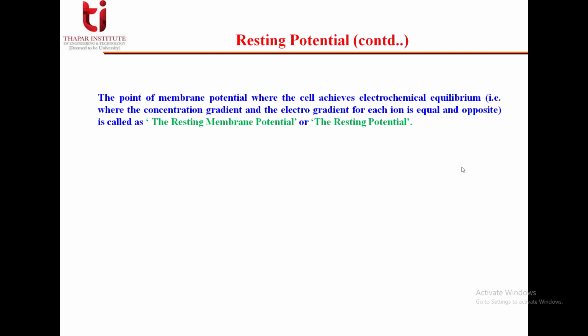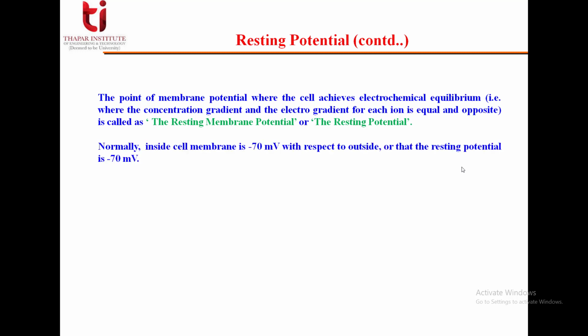This point of membrane potential, where the cell achieves an electrochemical equilibrium, means that at this point the concentration gradient and the electrical gradient for each ion are equal and opposite. We call it the resting potential, or the resting membrane potential.